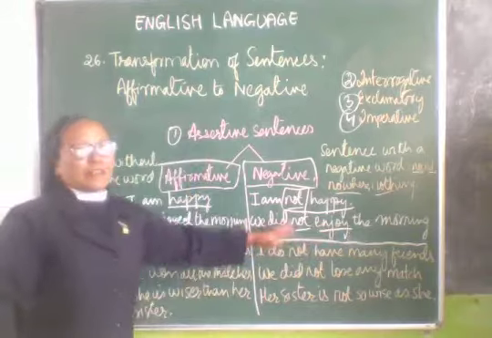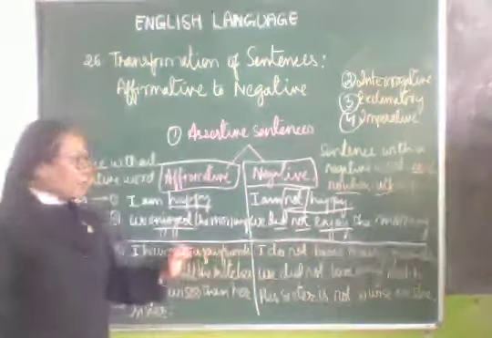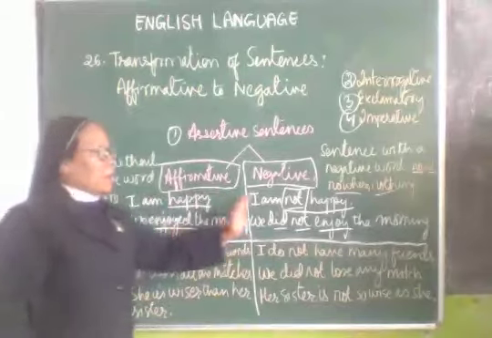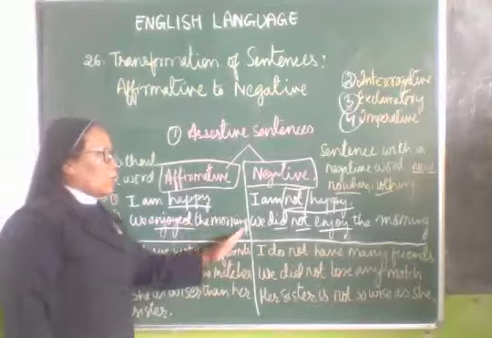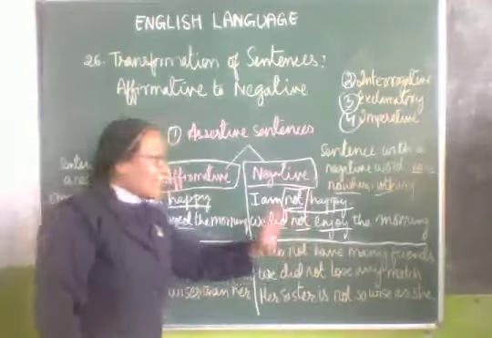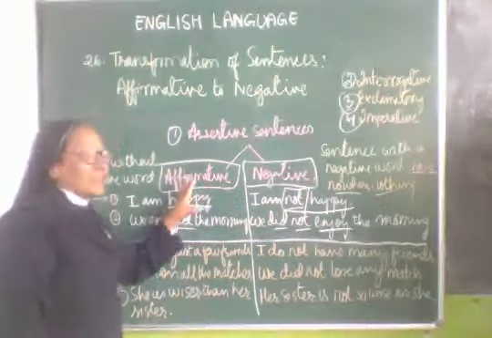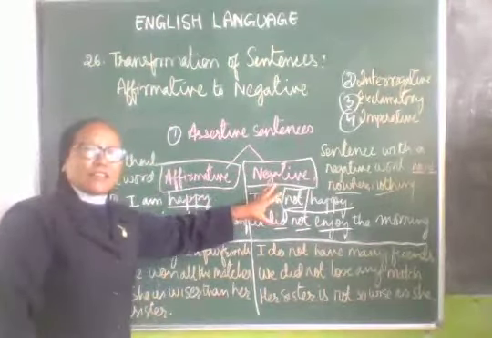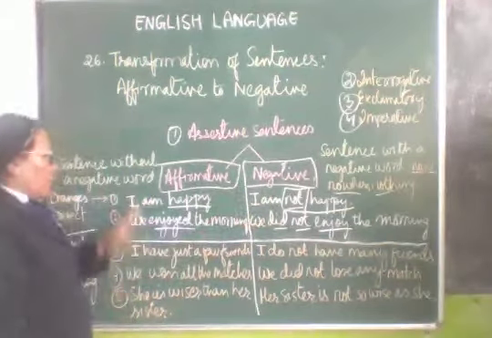So I made it negative: we did not enjoy the morning. I am not happy. We did not enjoy the morning. So this is the direct change from affirmative to negative by using a negative word like not. Okay.